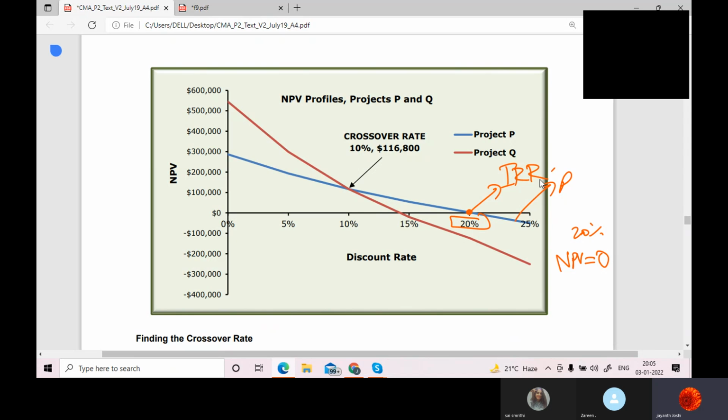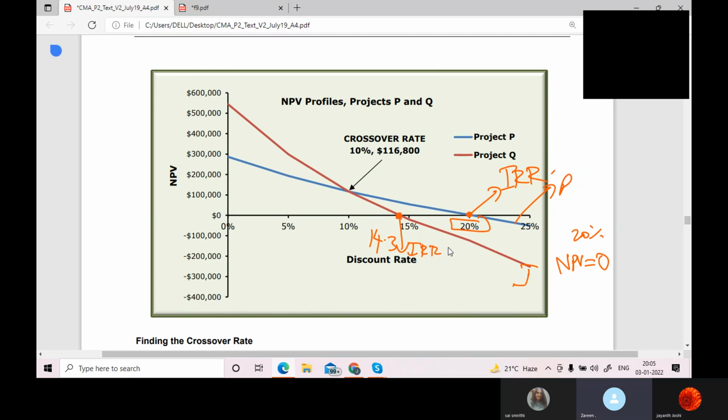IRR. Correct? Please tell me. Yes or no? Yes, sir. And here we will get 14.3 something. This will be your project Q's IRR. This is your crossover rate.